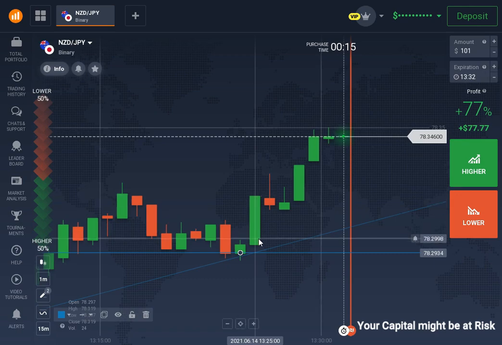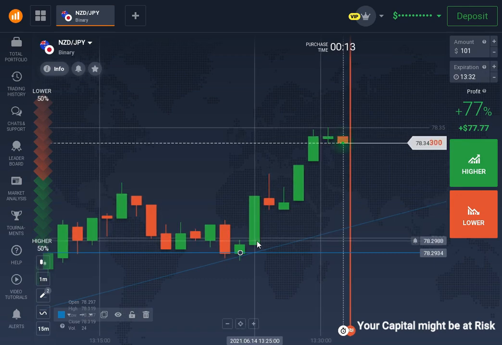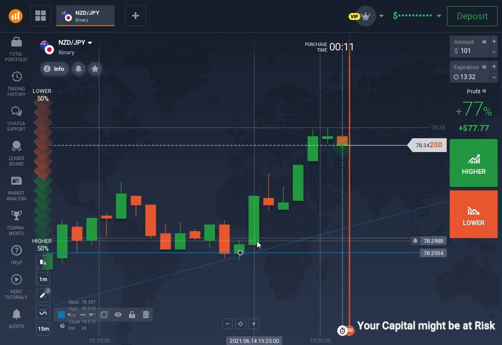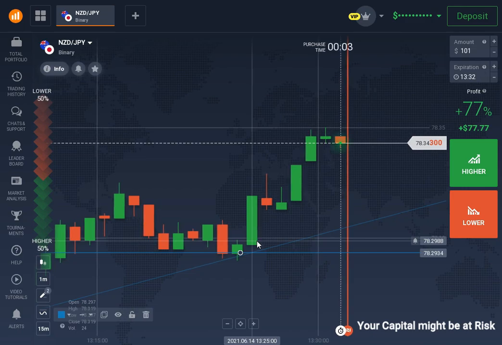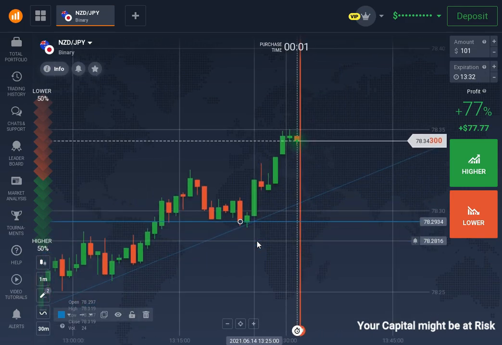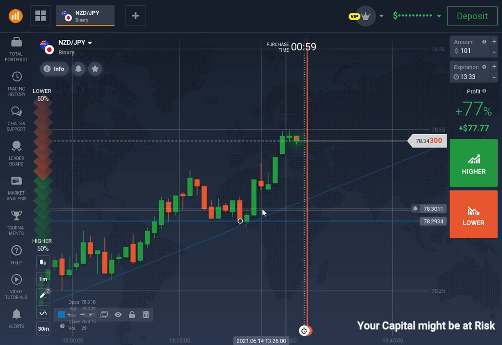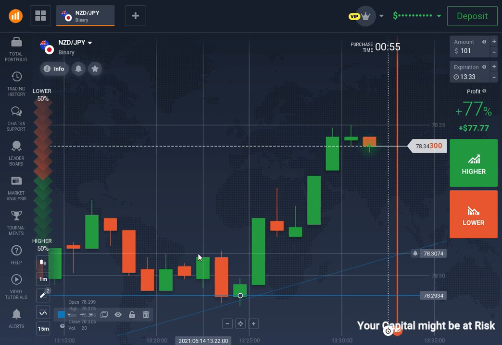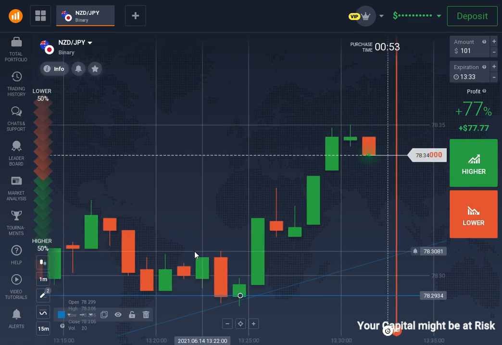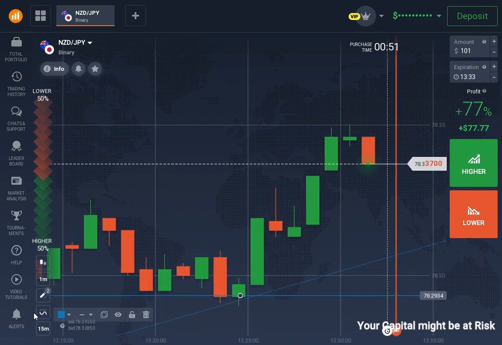This Marubozu, and I have explained in my previous video about the Marubozu candlestick pattern, that whenever there is a Marubozu candlestick pattern, the volume is high, the momentum is high, and the market will follow the Marubozu candlestick pattern.